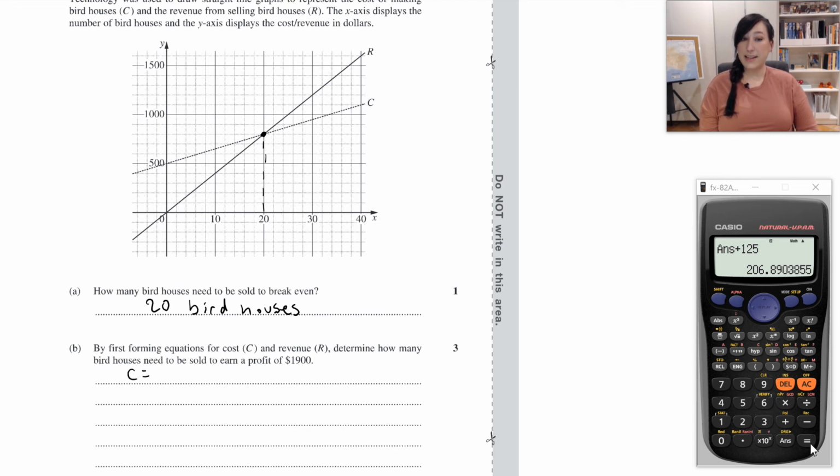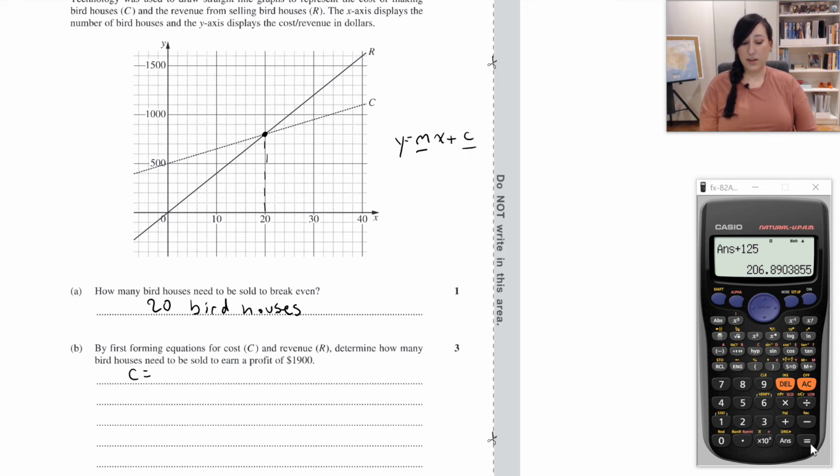These are going to be linear equations since our graphs are lines, and the equation of a line is of the form y equals mx plus c. M is the gradient, c is the y-intercept. So what we're calling capital C for cost will be the gradient times x plus the y-intercept.